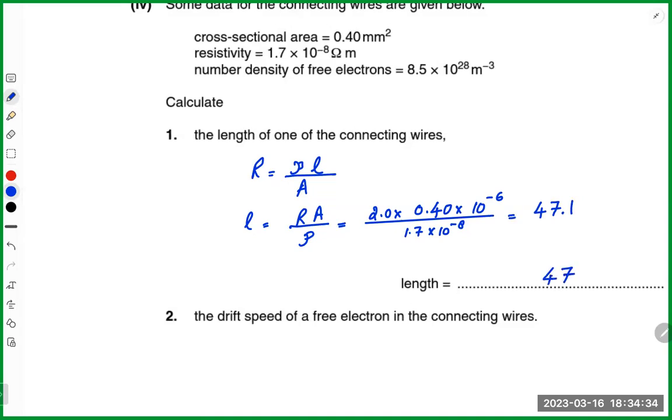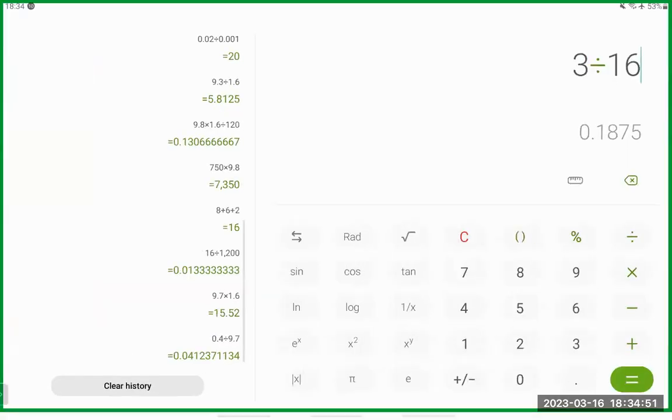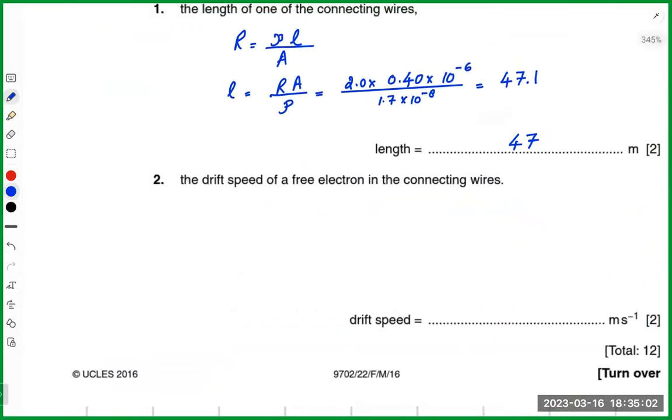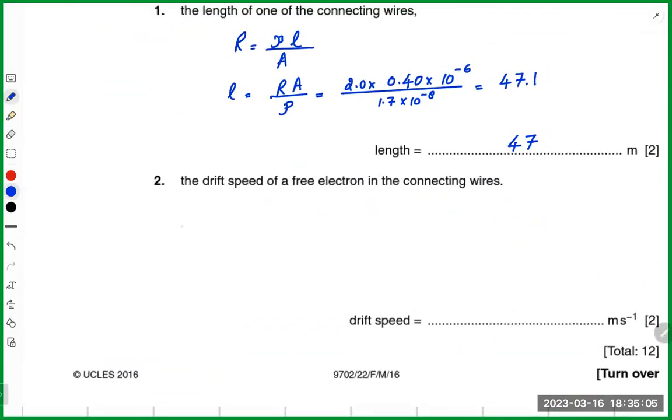Can someone else confirm? 80 divided by 1.7. Okay. Yes. Now, drift speed. What is the formula for drift speed? v equals I over A n e.